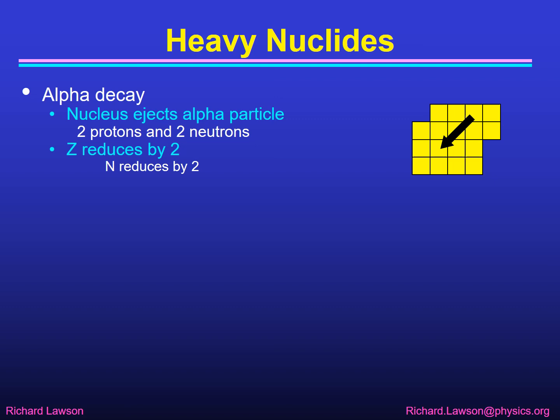In losing 2 protons and 2 neutrons, it comes down and to the left by 2 squares, so it will come back down towards the stable area by losing that alpha particle. And the 2 protons and 2 neutrons are very nicely stable, bound together. That alpha particle, which is actually the nucleus of a helium atom, is a nice stable particle to be emitted.